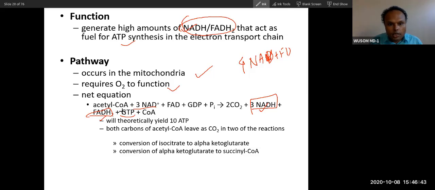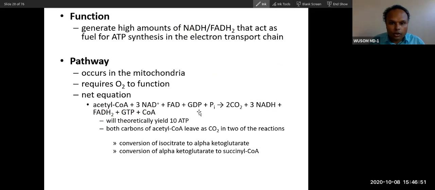And there will be 1 GTP produced, and these are the energetics. 2 carbon dioxide will be released. So we theoretically yield 10 ATP because 3 NADH is 7.5, FADH2 is 1.5, and GTP is 1 ATP. So 7.5, 9, and this is 10. So 10 ATP. Both carbons of acetyl coenzyme A leave as carbon dioxide.